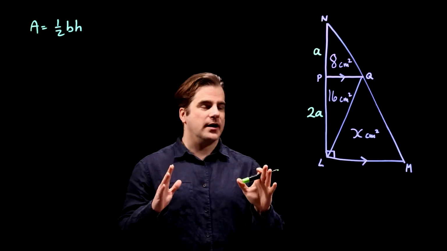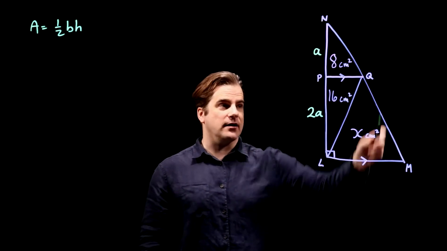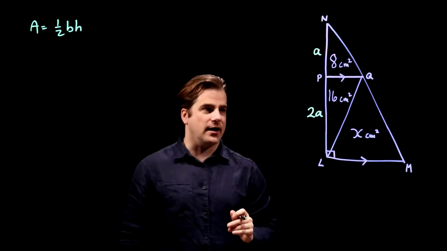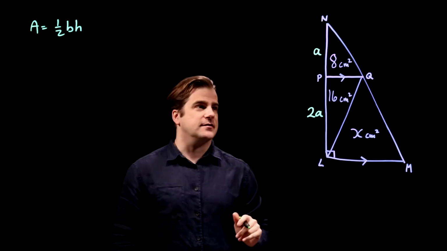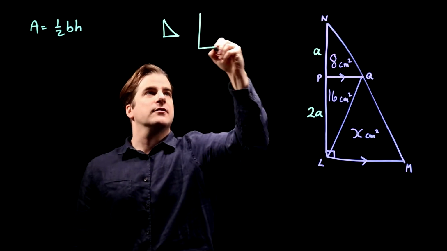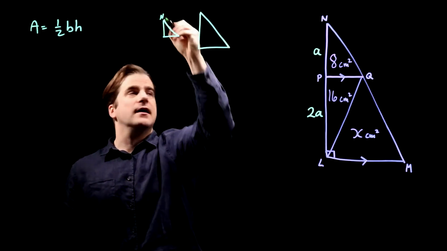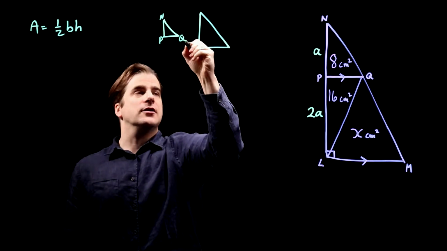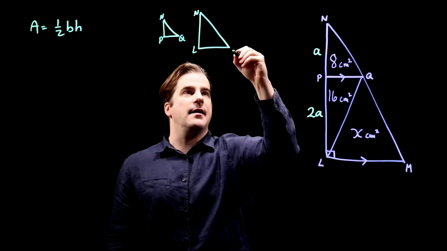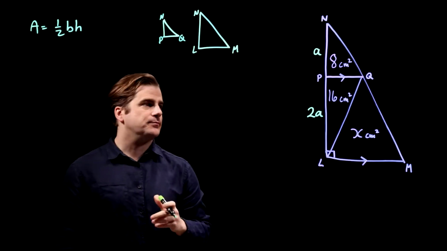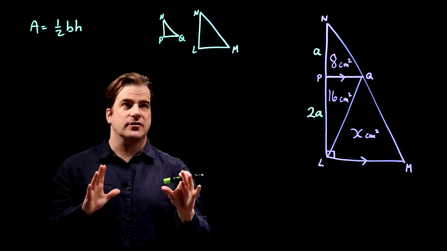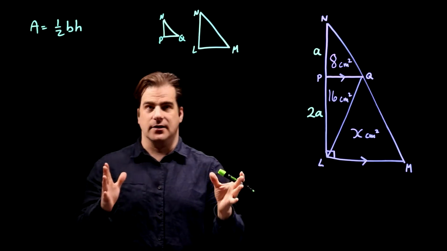Okay? So we can work out the area of the big triangle using that information because we know the area of the little triangle. Do it like this, okay? We have the little triangle and we have the whole thing. So that's N, P, Q, and the whole thing is N, L, M. Introduce something which I call D, okay?